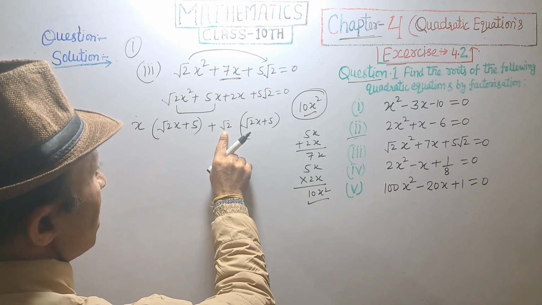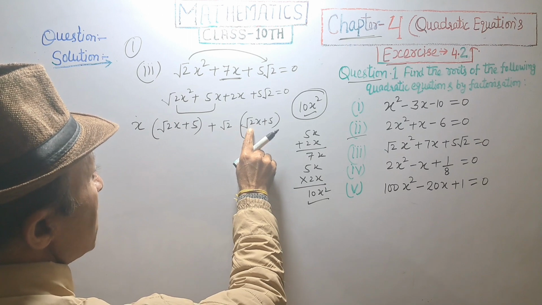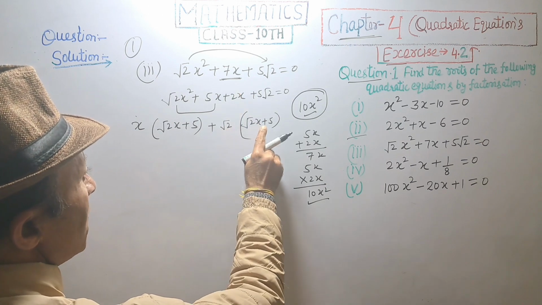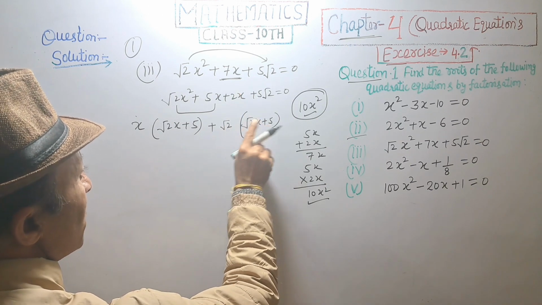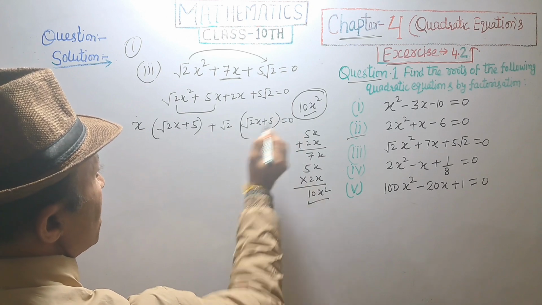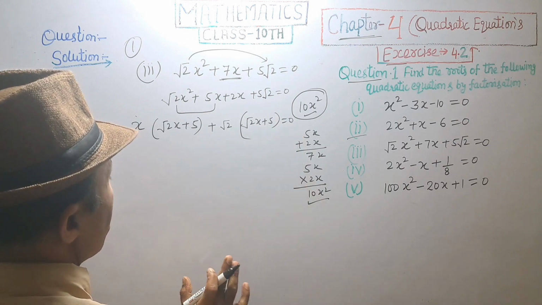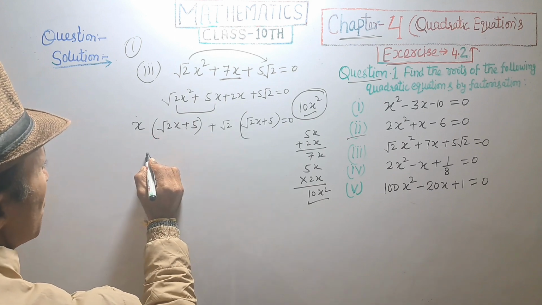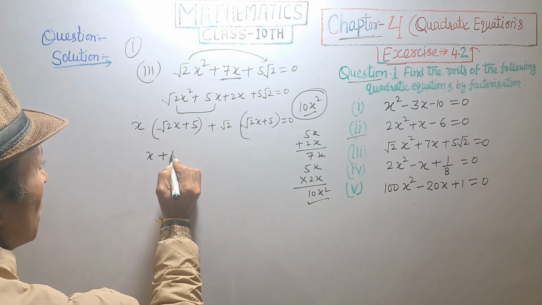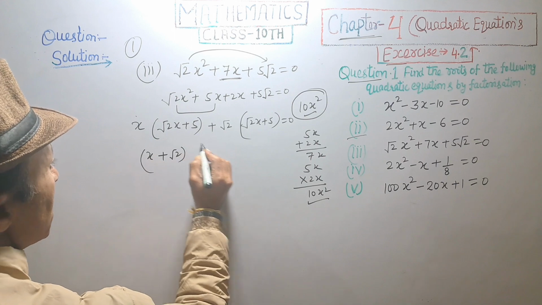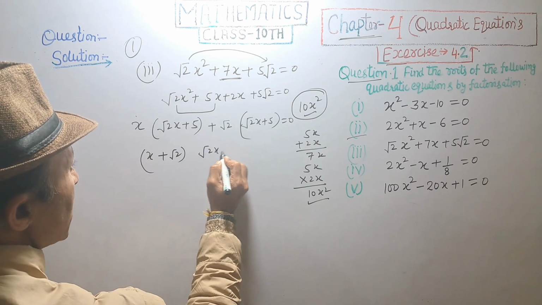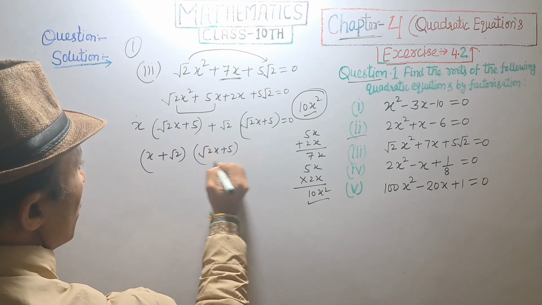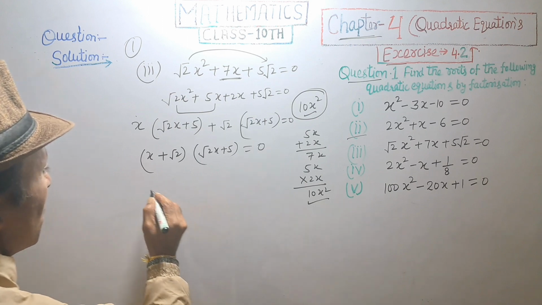Root 2 multiplied by root 2 is 2, and root 2 multiplied by 5 is 5 root 2, is equal to 0. And x plus root 2, 1 times, and root 2 x plus 5 is 1 times equal to 0.